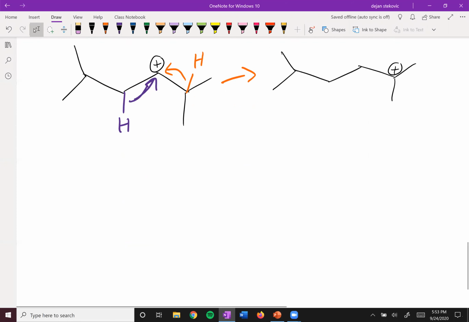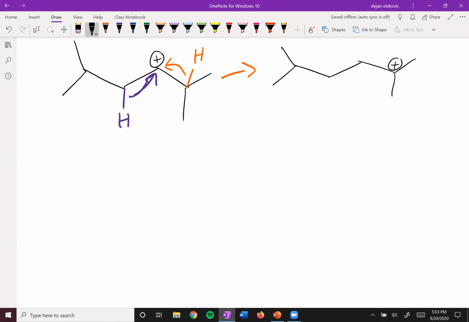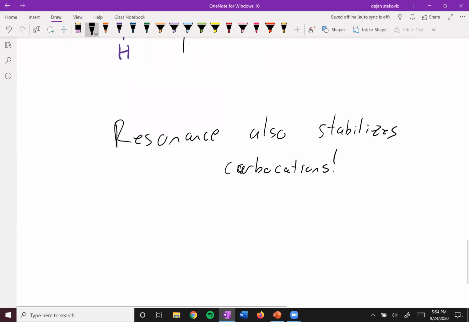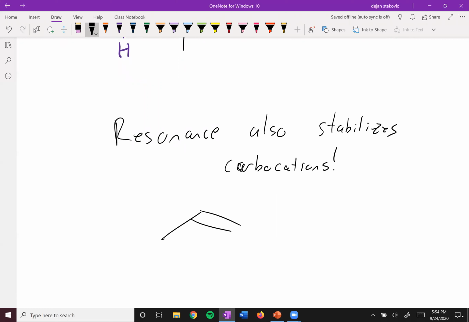And think back to our resonance structures. Resonance is also going to stabilize charge. So this is what's known as an allylic carbocation.